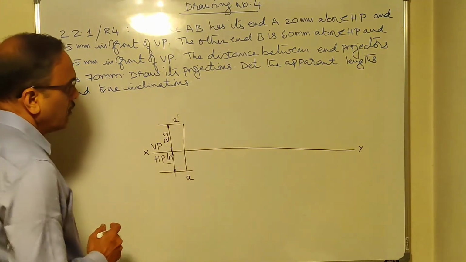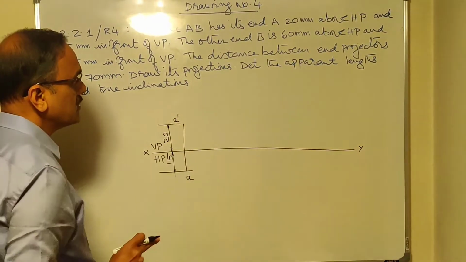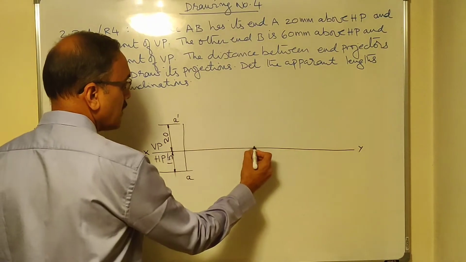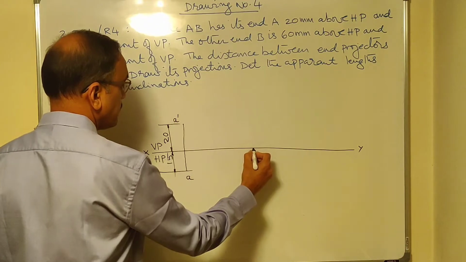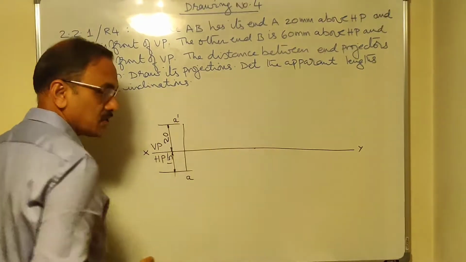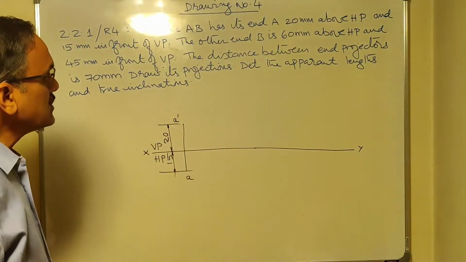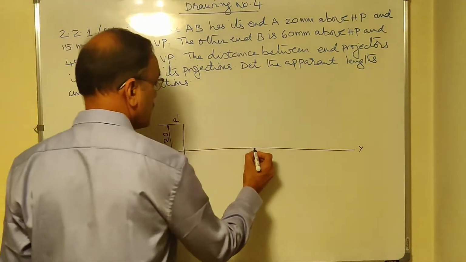Now, where is the projector of B? It is given that the distance between the projectors is 70 mm. So from here, you can use your scale or compass, mark 70 mm towards the right, and then you can draw the projector for B there. What is given about B? It is 60 mm above HP, 45 mm in front of VP.